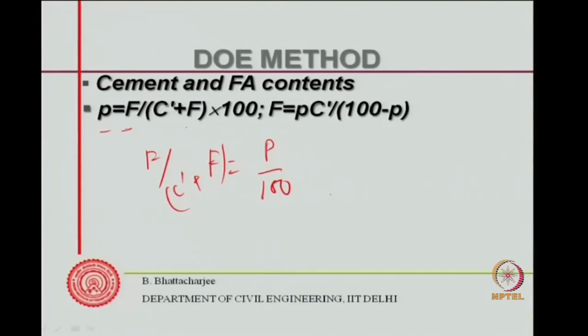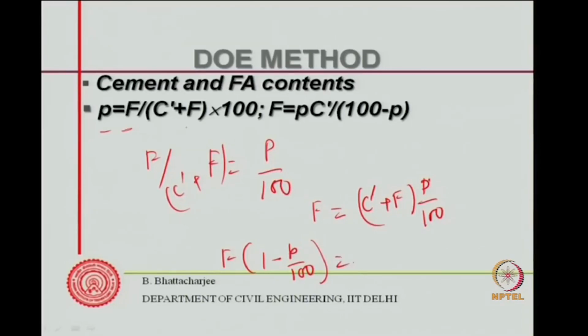So F is equal to C dash plus F into P by 100, and you want to separate out F. So you will get F into 1 minus P by 100 is equal to C dash into P by 100. So F can be found out, which is given in this equation.